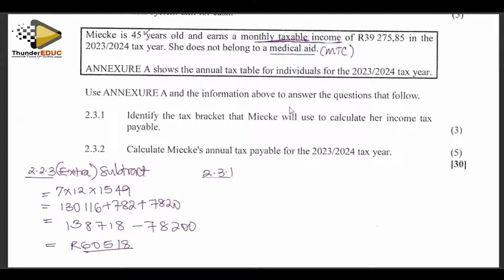Now, first and foremost, since this is monthly, we need to make it annual. We shall say 39,275,85 times 12. Times 12, we get that much.